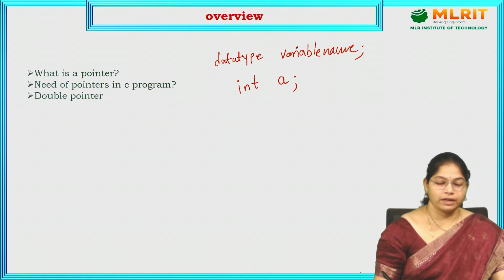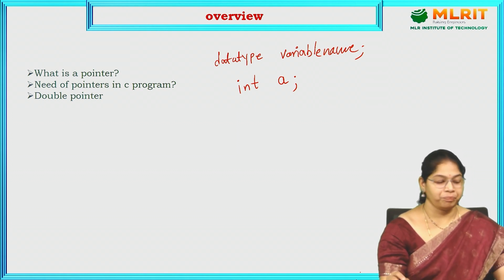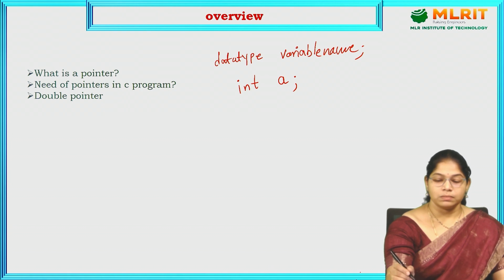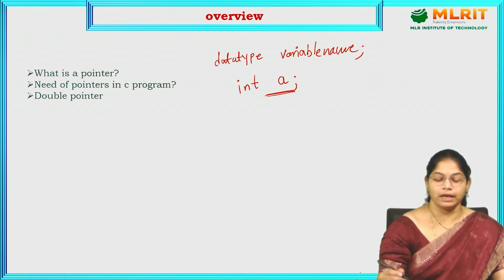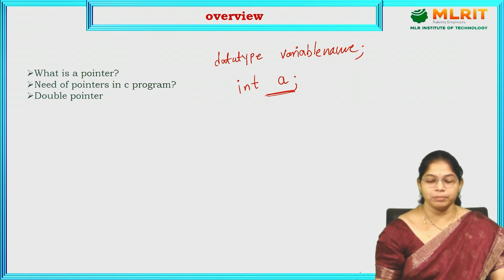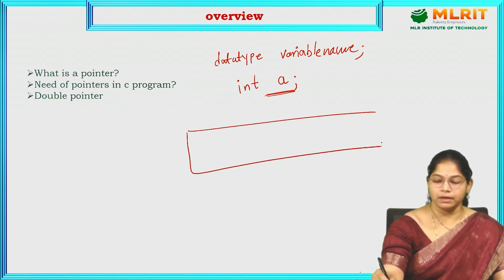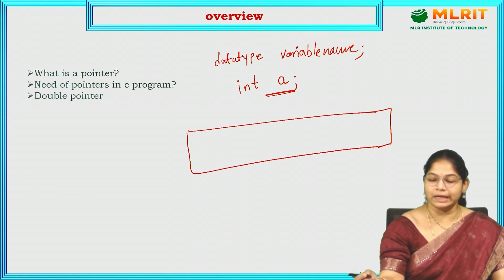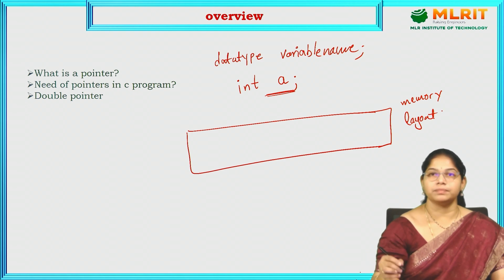When we declare a variable, what happens? Some space for this variable A is allocated in the computer's memory. Suppose this is the memory layout.